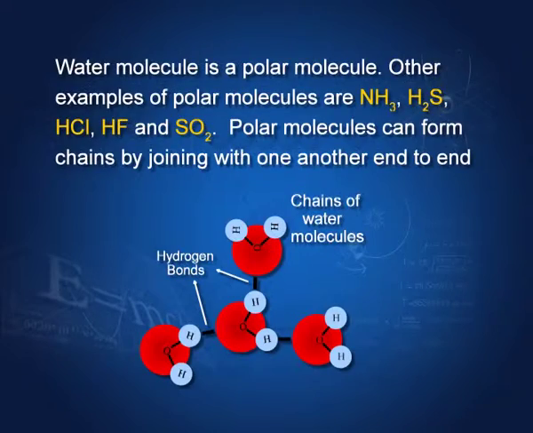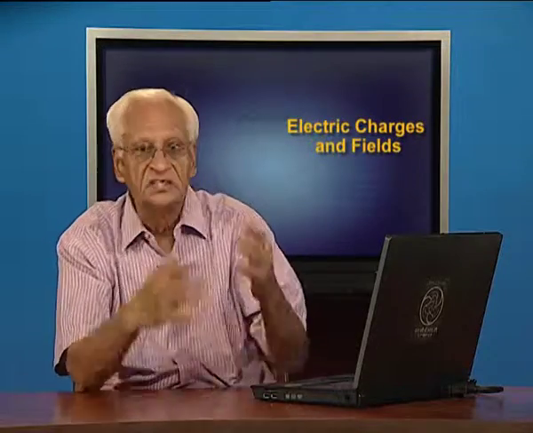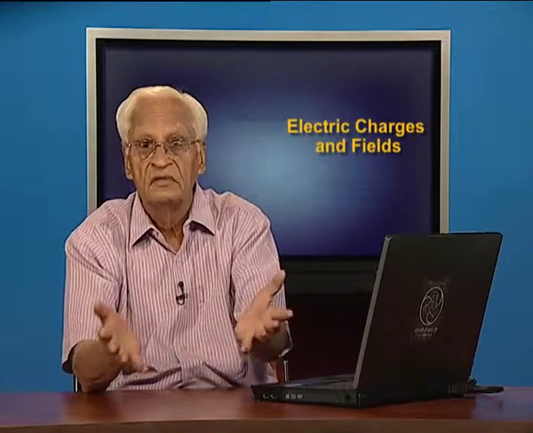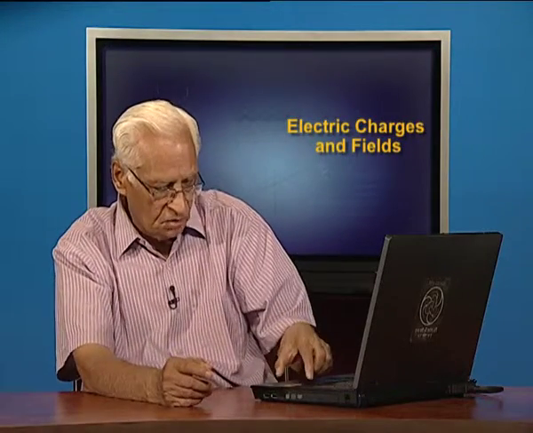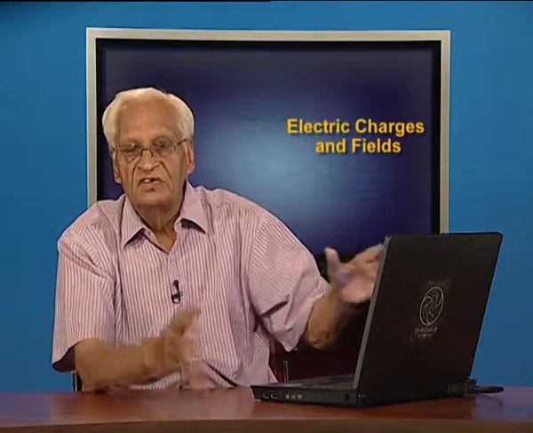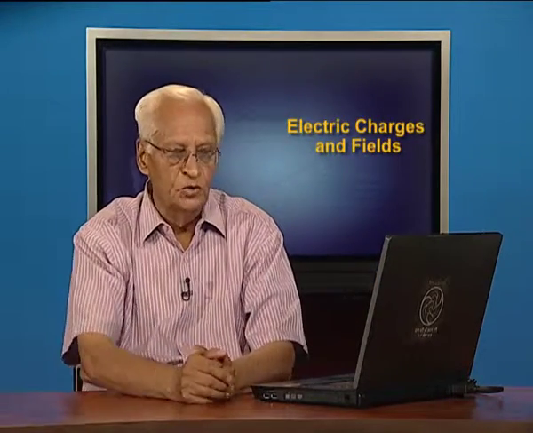This positive connects with this negative, this positive connects with this negative, and like that. In this way, the chains of the water molecules are formed, which is water liquid.